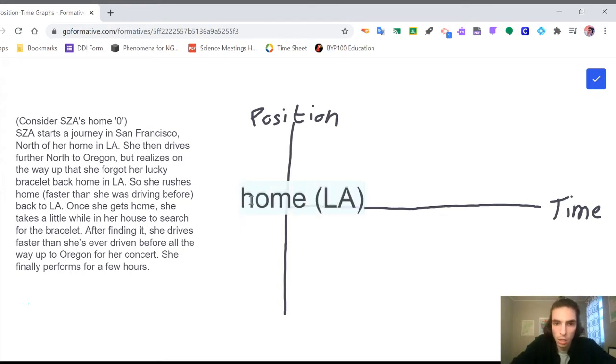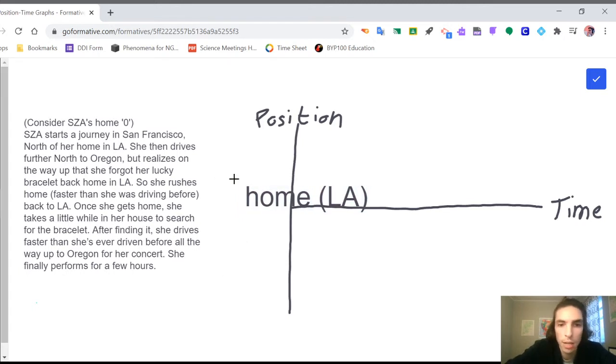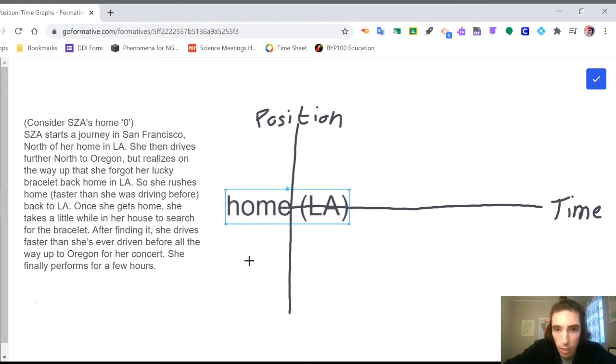This isn't necessarily something that you have to do, but it was a good idea that I saw some people using in class when we were solving problems like this. So I'm just going to note to myself that this 0 line for this journey that SZA is going on is her home in LA.